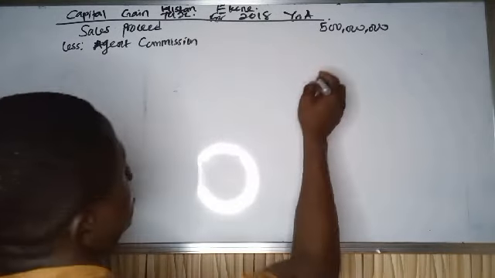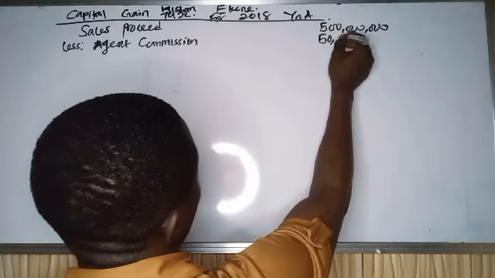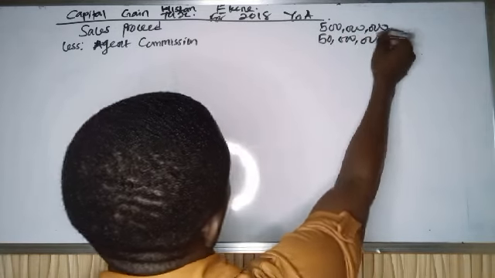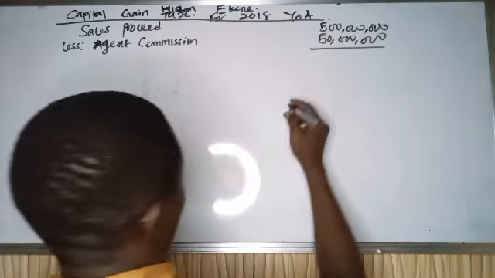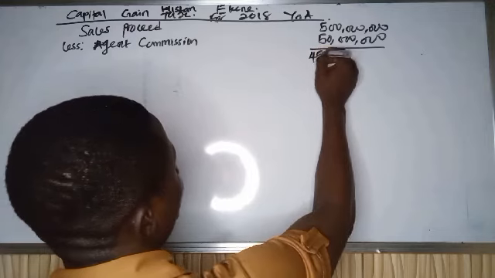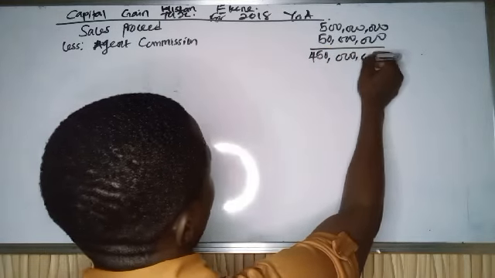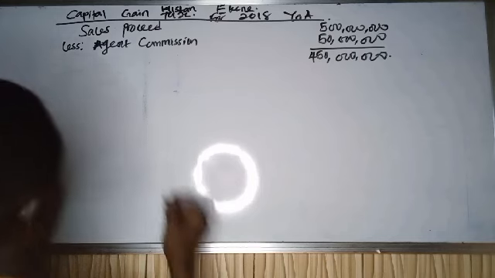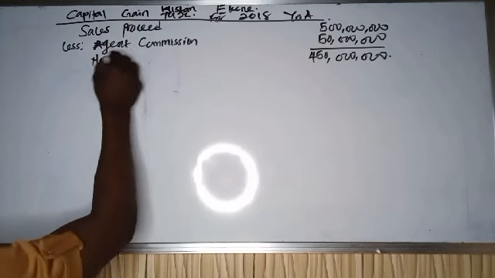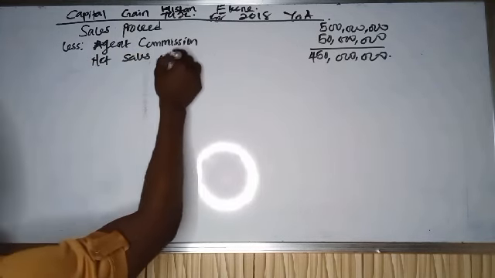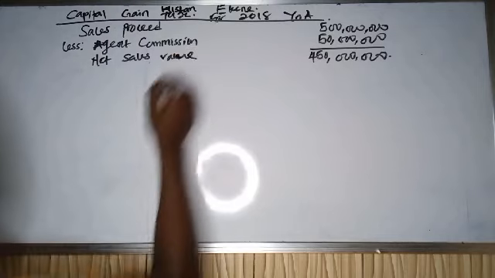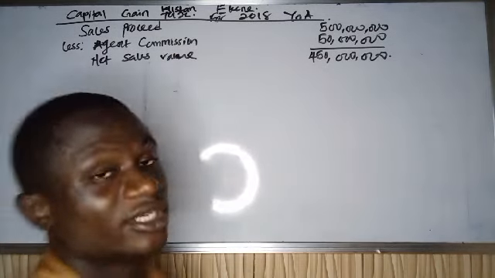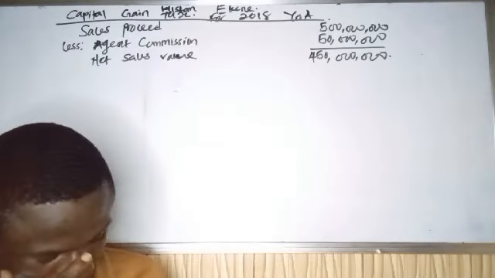So 10% of 500 million should be 50 million. If you subtract it, you get 450 million as our net sales value. So we have our net sales value as 450 million naira. So let's proceed.